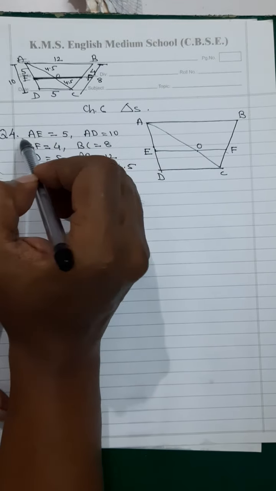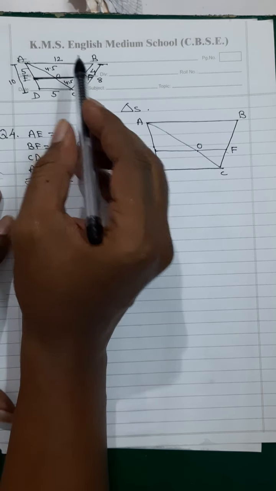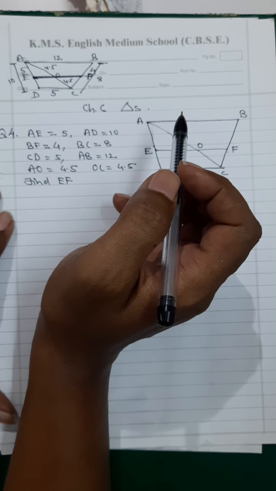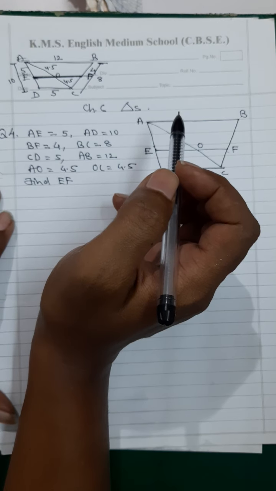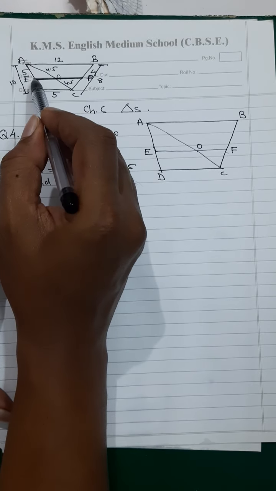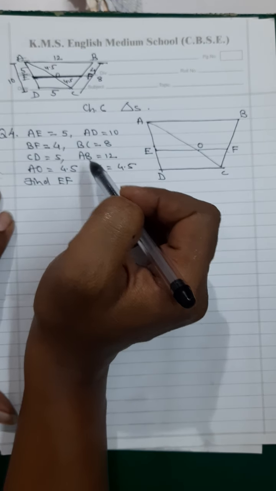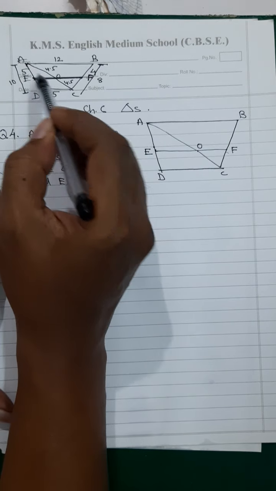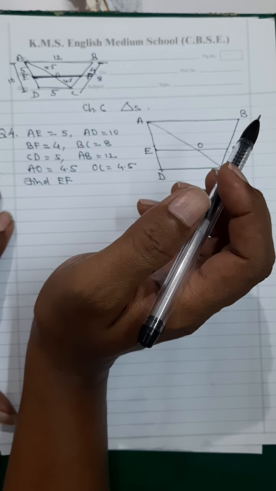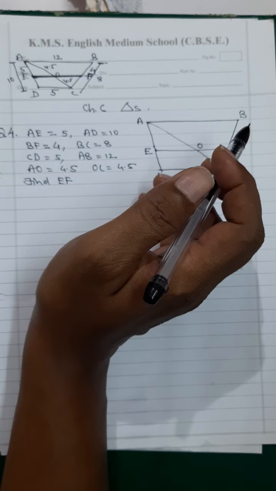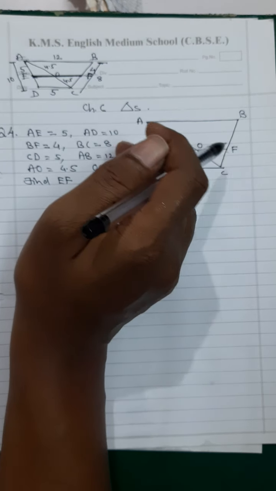To find EO, see basically here, AE, that's all given. EO is not given, nothing is given. AE upon something is missing over here.